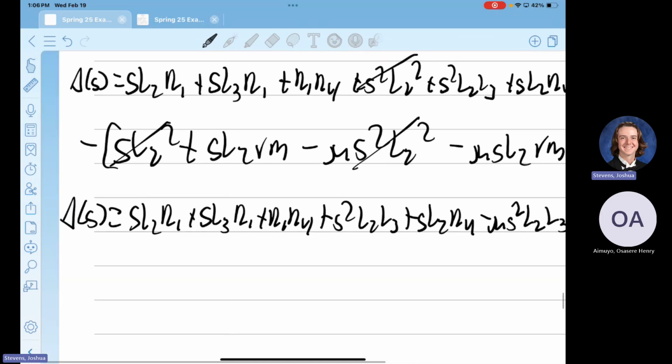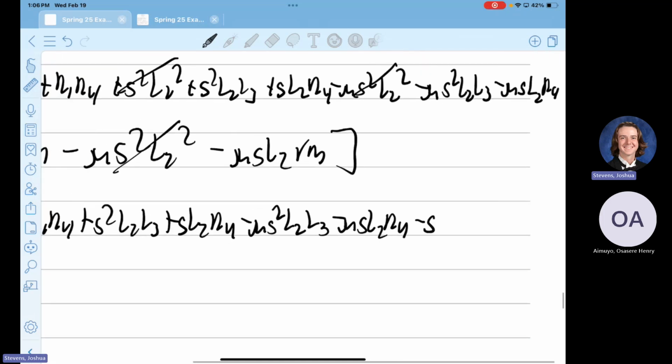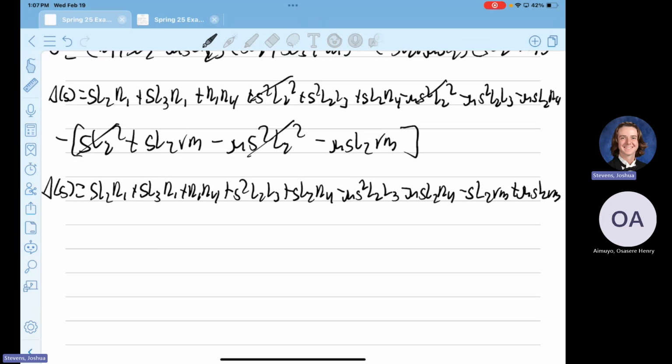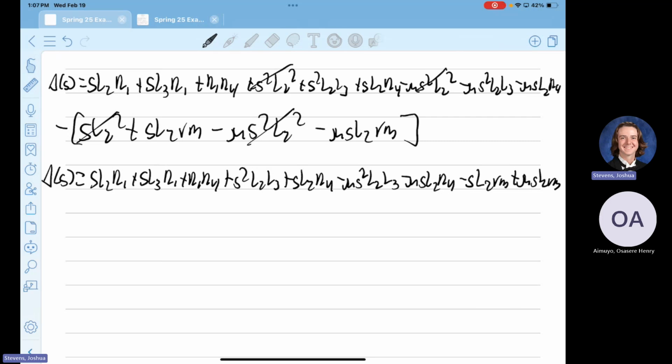And then negative times a positive becomes a negative SL2RM plus mu SL2RM. All right. I'm going to combine like terms again into my S squareds, S's, and R stuff without S. Do y'all understand why I'm doing that? Cool. Is this the stuff that's fresh on your mind since you probably finished it literally today, I think you said?